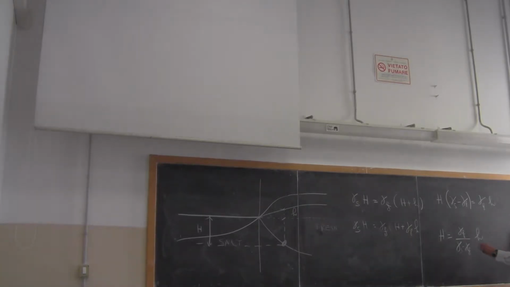And now let's have a look at this ratio here. Gamma F divided by gamma S minus gamma F. So what are typical values for, I think we already discussed it, but if not, let me give you typical values for gamma F. This is very easy.